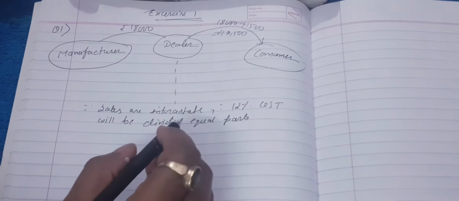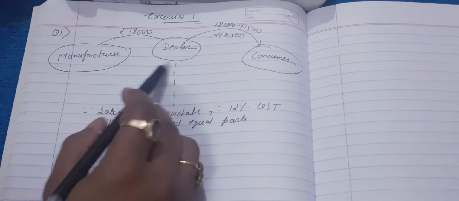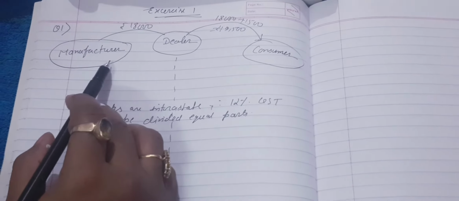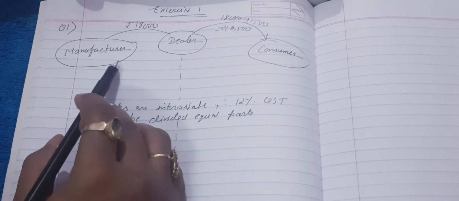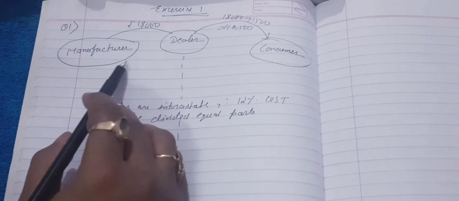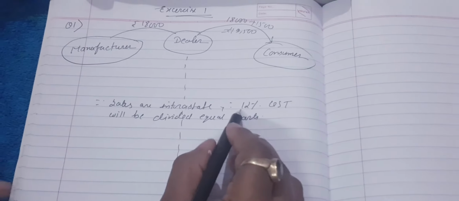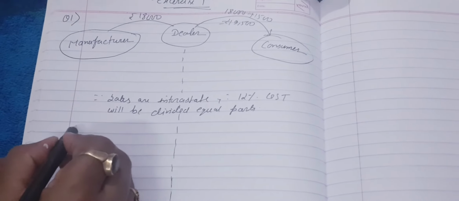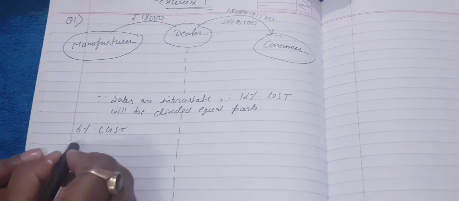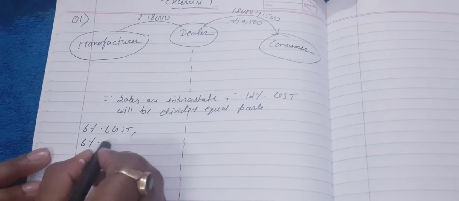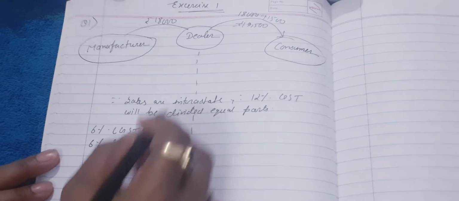So whatever tax is paid by the consumer or by the dealer, it will be divided into two equal parts. Half will be for the central government and half for the state government. So 12% GST will be divided as 6% CGST and 6% SGST for both the dealings.